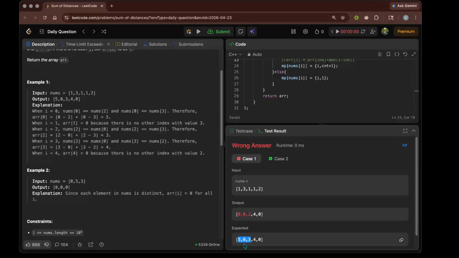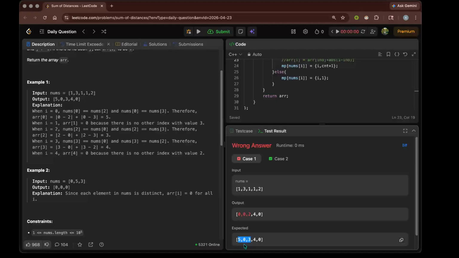Should we do it with another array and add both of them? Will it work? I don't know. Let's try it out. For 2, let us say it's a 0. For this element also, let us say it's a 0.